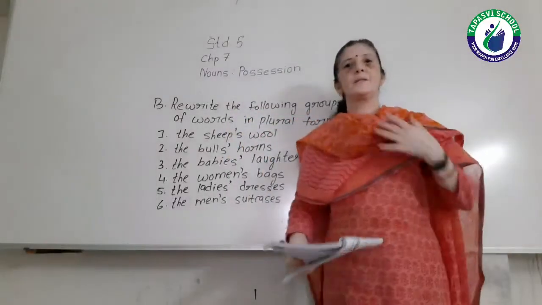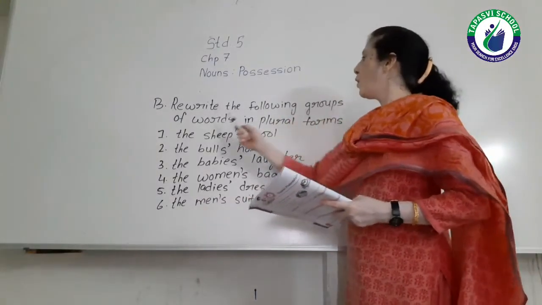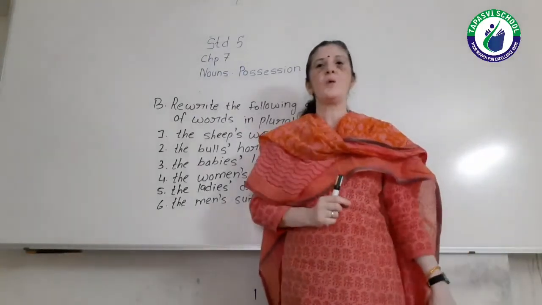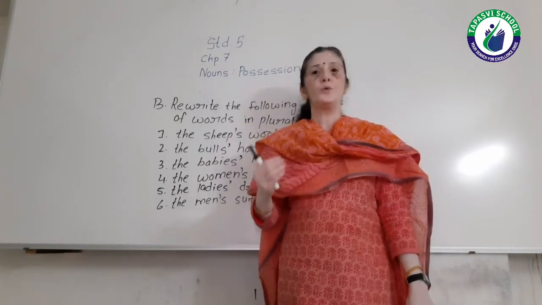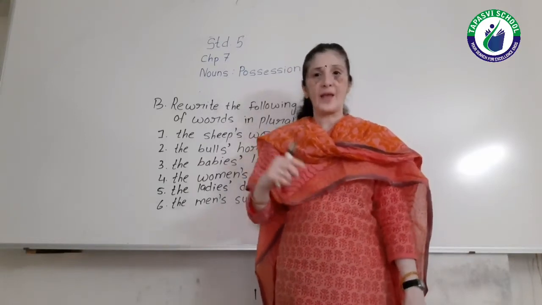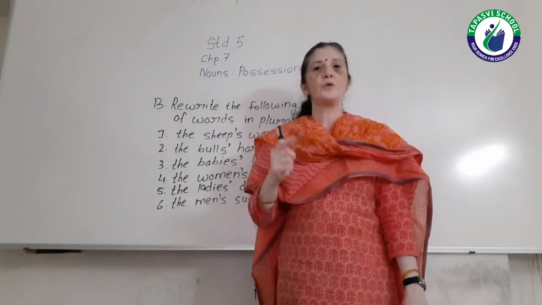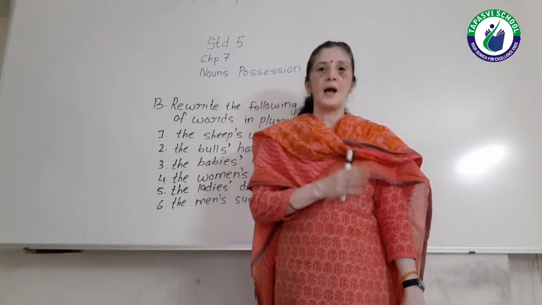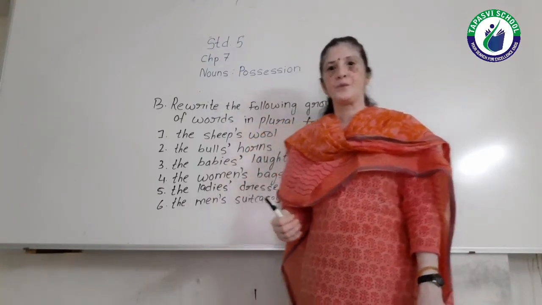See students, exercise B. Here rewrite the following groups of words in the plural forms. See students, here nouns are given in singular form. We have to make the plural of those nouns, and then we have to show the possession, and after that we have to use apostrophe S. So be careful, make the noun singular to plural and then use apostrophe S. Right?